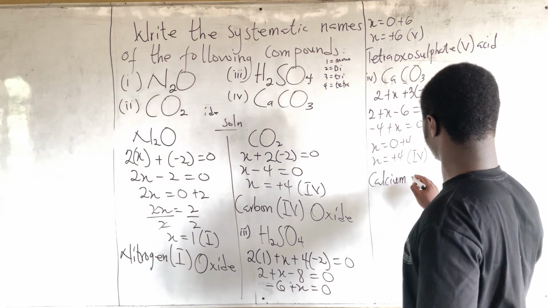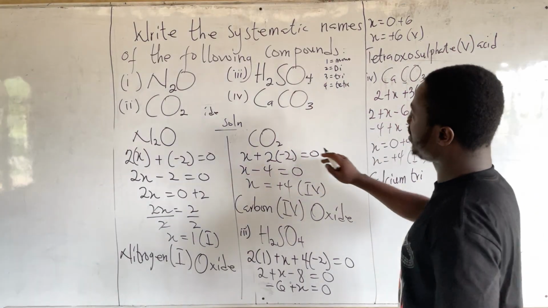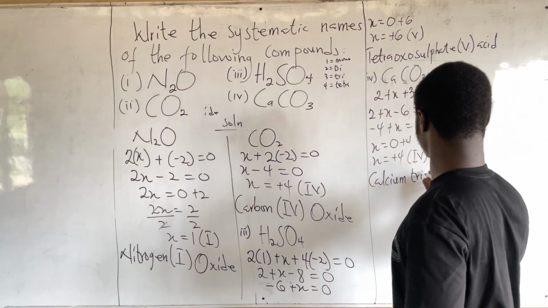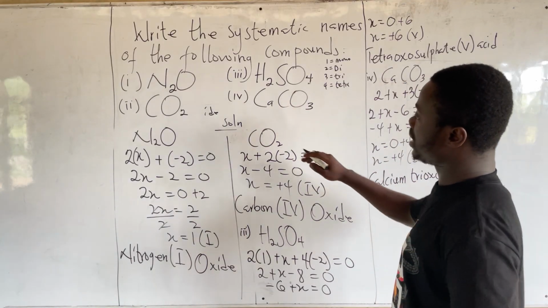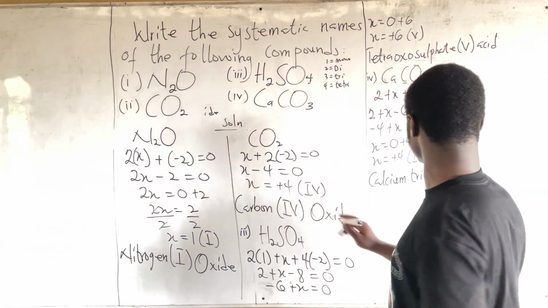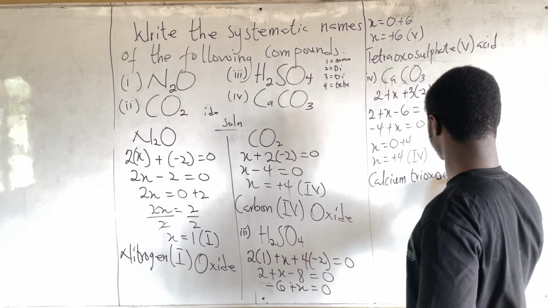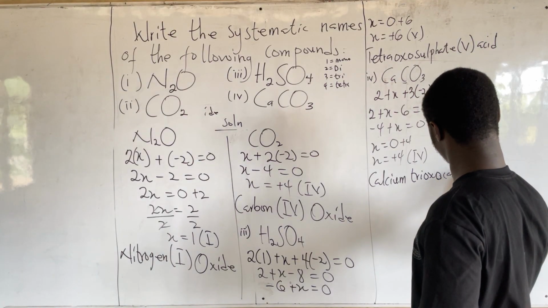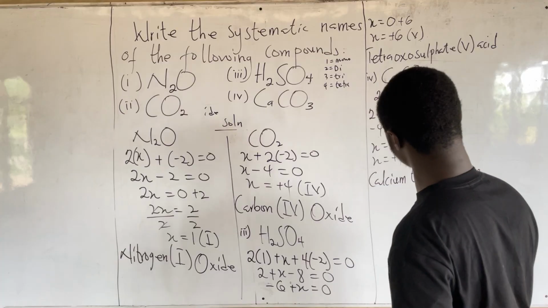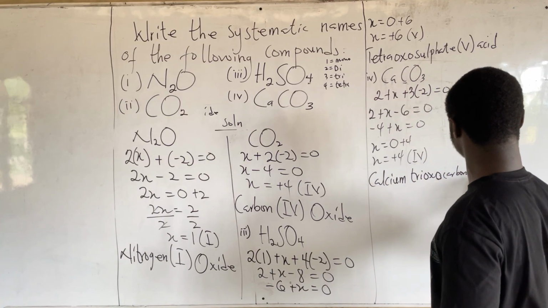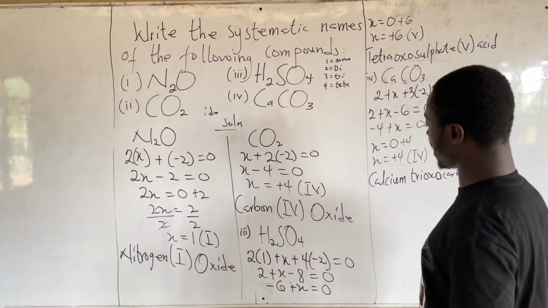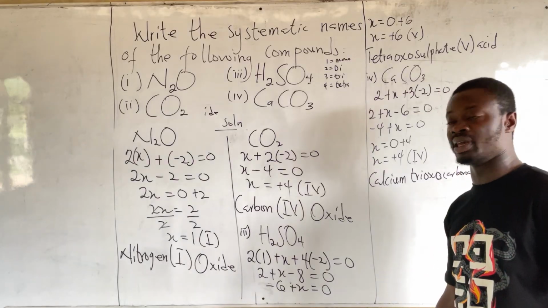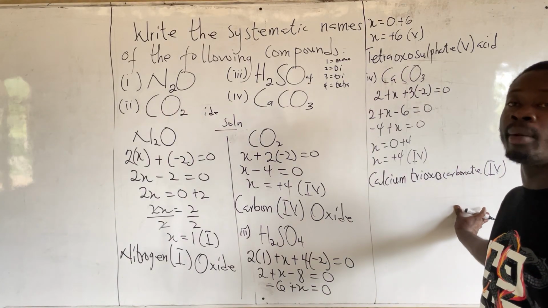So calcium, tri, and then we have oxygen here. So tri-oxo. And then we have C here, that is carbonate, tri-oxo carbonate. And then what was the oxidation number? IV. So carbonate IV. So calcium carbonate, the systematic name is calcium tri-oxo carbonate IV.